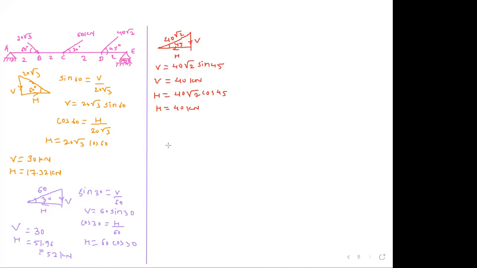Okay, now we will draw the final diagram of our beam. So this is the AE beam. Here one vertical and one horizontal force will be there.